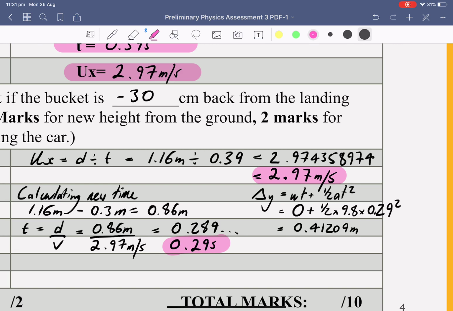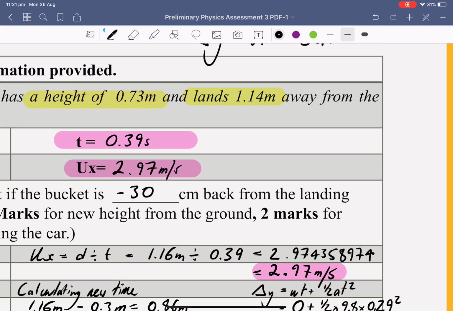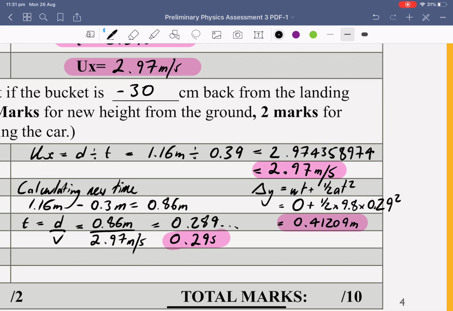Now we need to be careful here, because the projectile is falling that far, we need to take that off the initial height, which is 0.73 meters, to find the height of the bucket above the ground. So we go 0.73 minus 0.41209 equals 0.31791 meters, which we're going to round to 0.32 meters up.